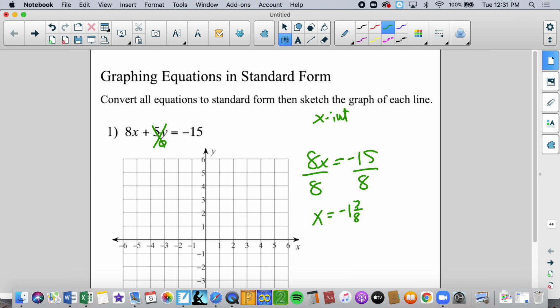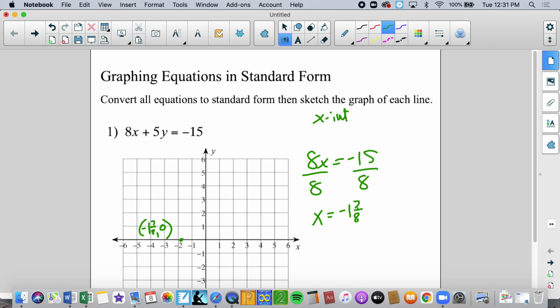That's not a very pretty one, but that's the x-intercept. So we go on the x-axis, we go to negative 1 and 7/8, which is right there, and that would be our first coordinate. So it's negative 1 and 7/8, comma 0.